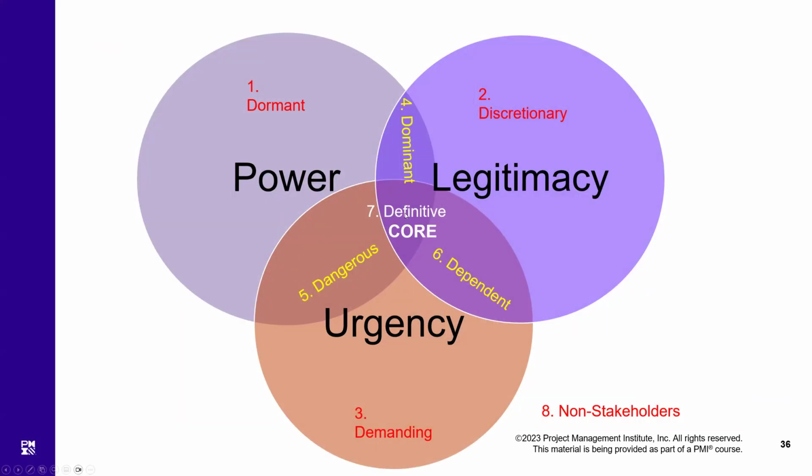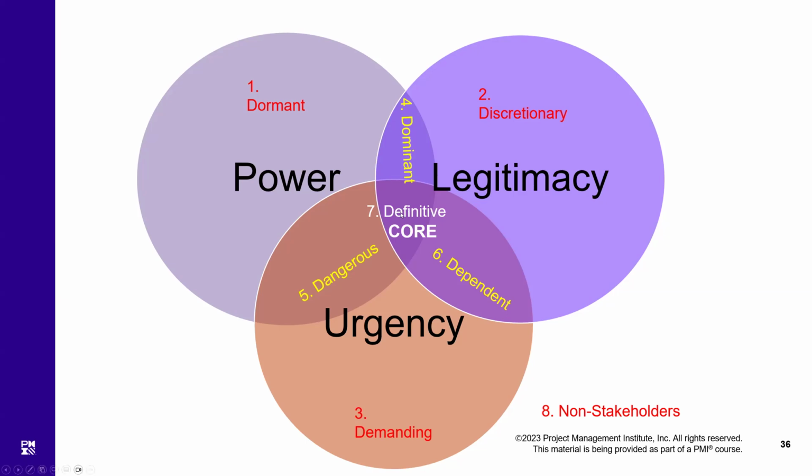Then we are left with the middle. The middle is number 7, that is definitive. There's only one in the middle. So this is the core stakeholder, anyone who is high in everything. They are definitive stakeholders.